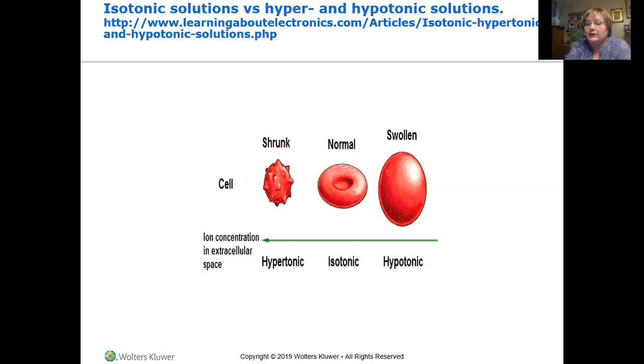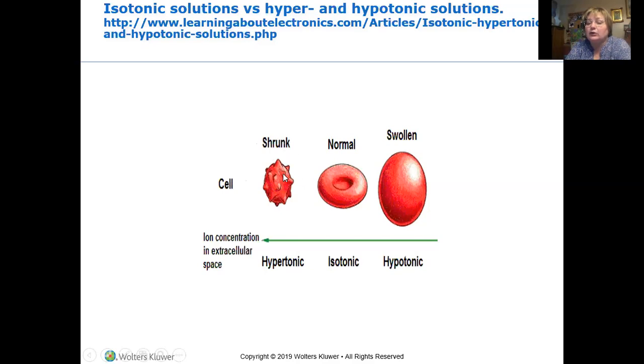But what if the sodium level around the cells of the body is in a state of being hypertonic? So if I'm giving a hypertonic solution, or if for some reason my sodium level is really high out around the cell, my cell is going to think, oh goodness, I can't bring sodium in because I can only do osmosis.